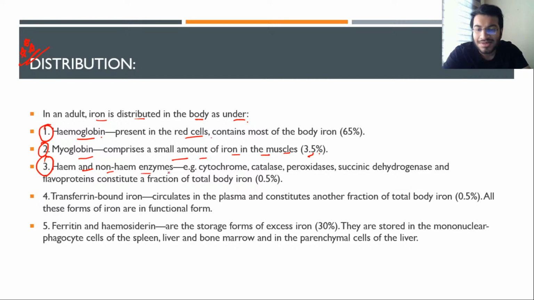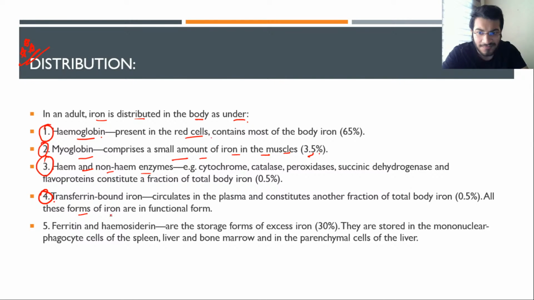Heme and non-heme enzymes like cytochrome, catalase, peroxidase, succinate dehydrogenase, and flavoproteins constitute a fraction of the total body iron, 0.5%. Then transferrin bound iron circulates in the plasma and constitutes another fraction of the total body iron, 0.5%.